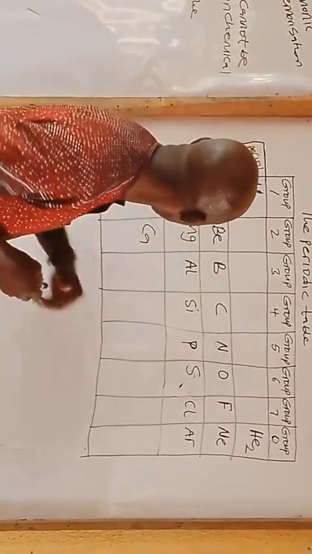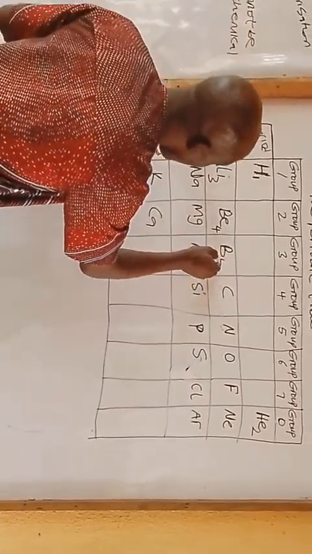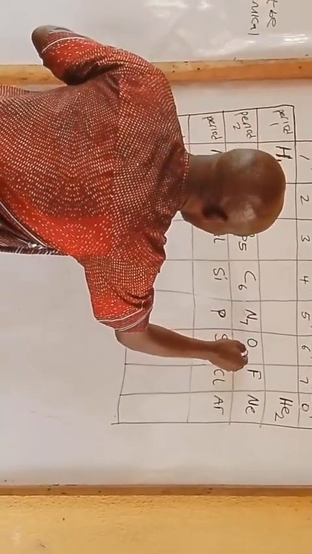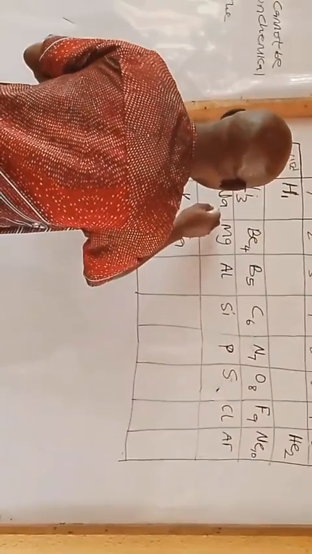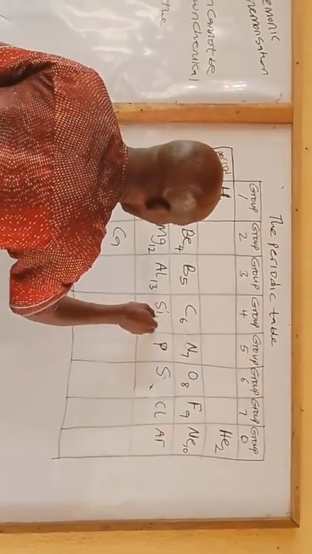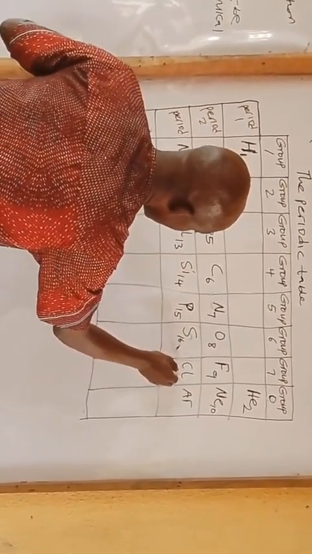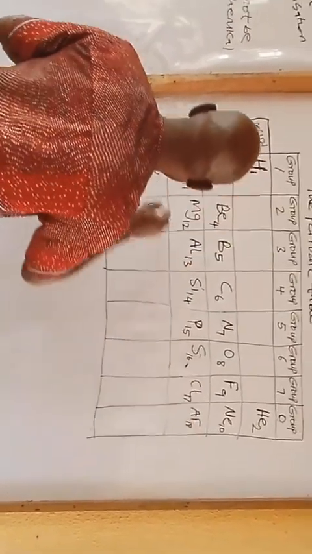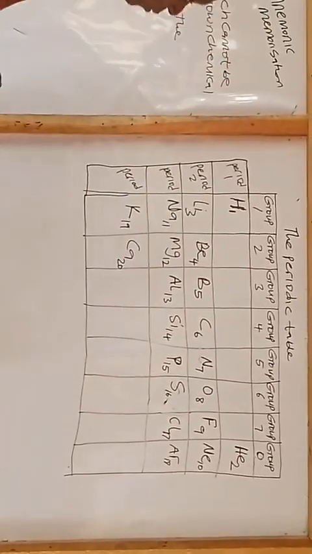So 1, 2, 3, 4, 5, 6, 7, 8, 9, 10, 11, 12, 13, 14, 15, 16, 17, 18, 19, 20. Those are the first 20 elements.